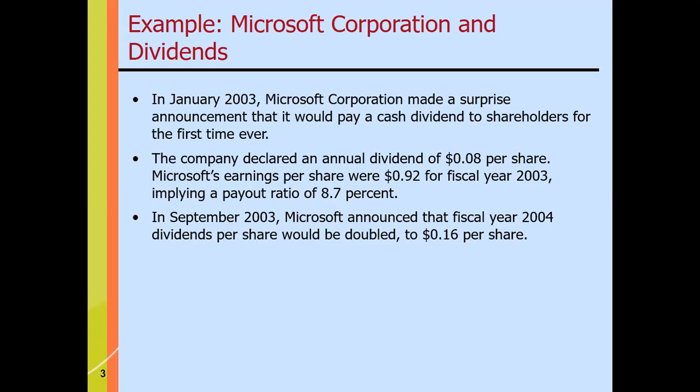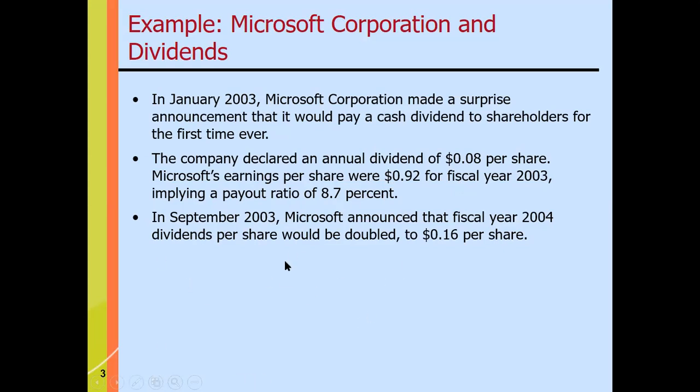So the question is, how do you get the payout ratio? That is simply the dividends divided by the earnings. It is called the payout ratio, dividend payout ratio to be more specific, because to pay dividends, you will take out of the earnings or profits from the business. So that's how we got that, 0.08 divided by 0.92.